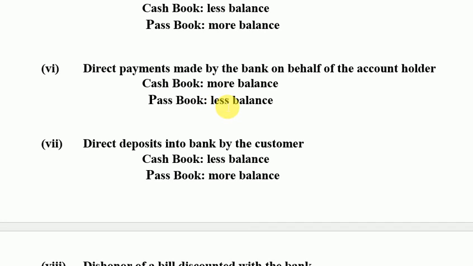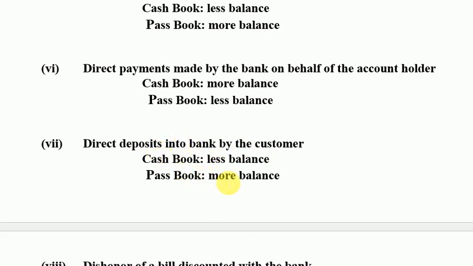Now we move with cause number 7, which says amount directly deposited by the customer into the bank account of the businessman. I repeat, direct deposits into bank by the customer, which means the amount has been directly deposited by the customer into the current account of the businessman. Now, if payment is received by the bank directly, it will record it in the account holder's account in the deposit column, which will increase the balance of passbook.